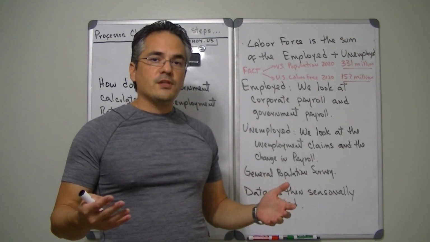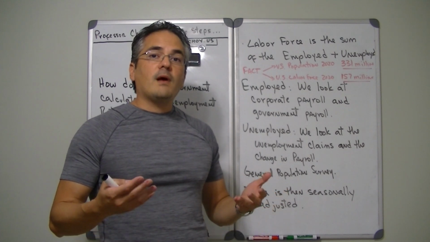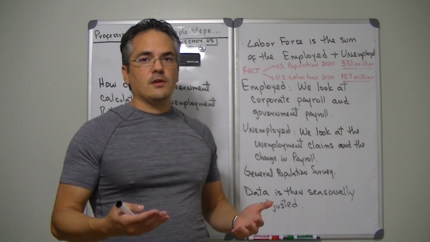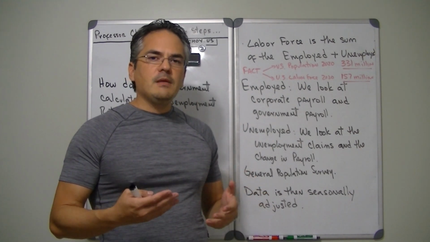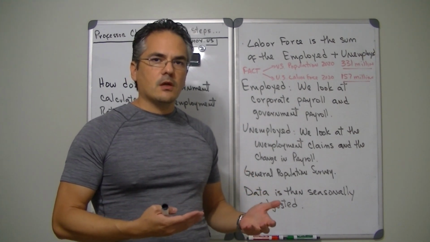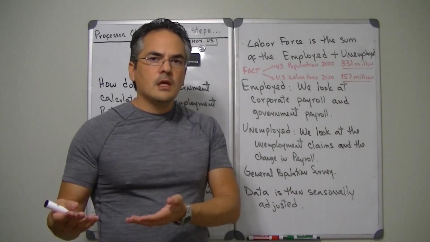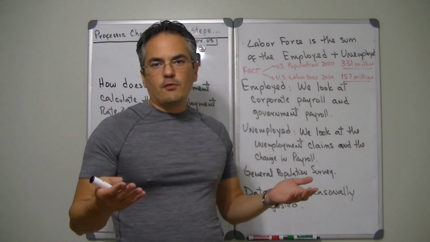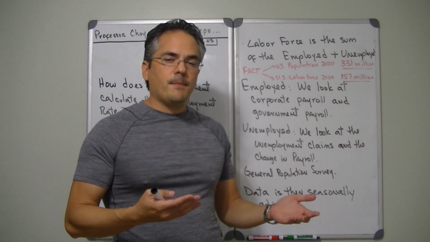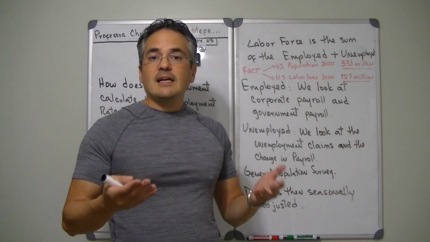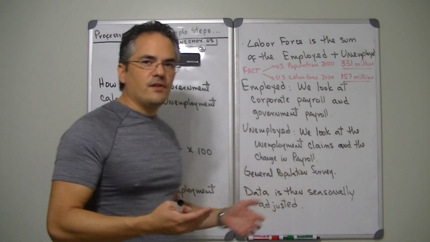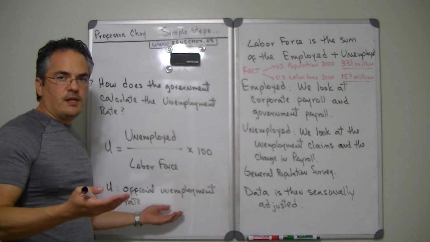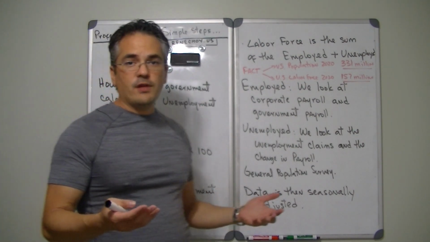And major corporations and government entities normally report those numbers to the government pretty much regularly. So we know how many people are on payroll for those particular companies and for the government most months pretty much regularly. Now, there might be some companies that don't do that regularly, but that's okay because we're just trying to figure out what the kind of guess for the unemployment rate is. And we do it with the numbers that we have.